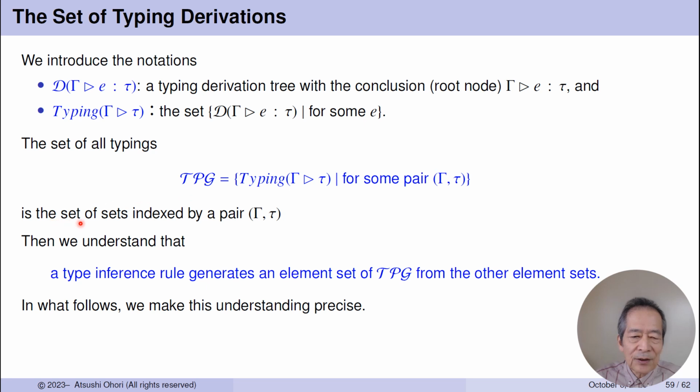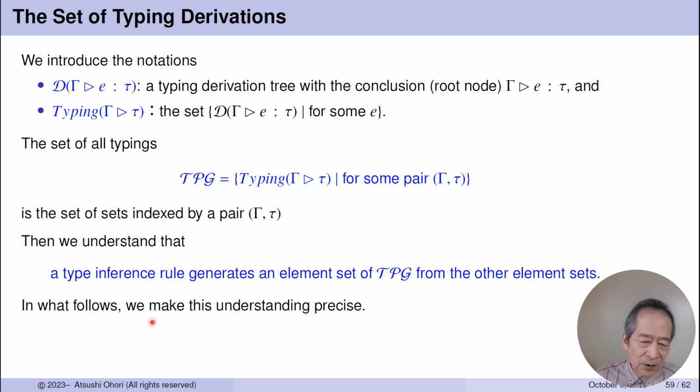A set of sets indexed by a pair, gamma and tau. Now we understand that a type inference rule generates an element of this set of sets, indexed by gamma and tau, from other elements. So this is a mechanical understanding of a type inference rule.